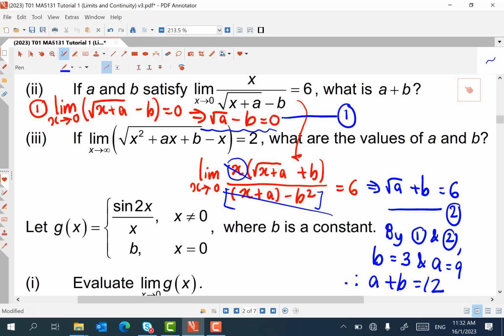Since the limit equals a over 2, which is independent of b. Therefore, b can be any real number.